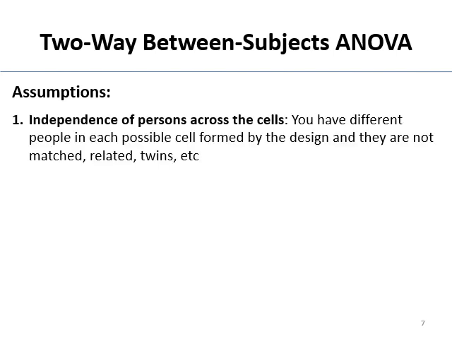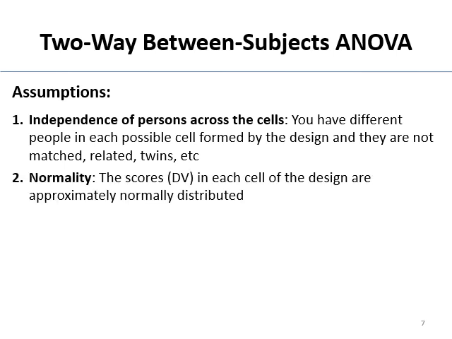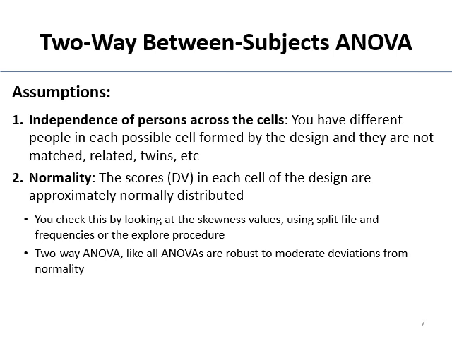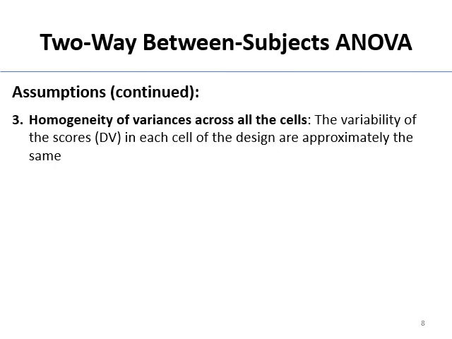So the assumptions of a 2-way between subjects ANOVA aren't that bad. Independence, you guys have heard this enough. It's a between subjects design. That's what it means. Normality, you've heard this enough too. The scores in each combination of levels of the independent variables are approximately normally distributed. Great. And I tell you how you test it. Third, this isn't shocking either, homogeneity of variance: basically the spread of scores is the same for the DV for each combination of independent variable levels, right?